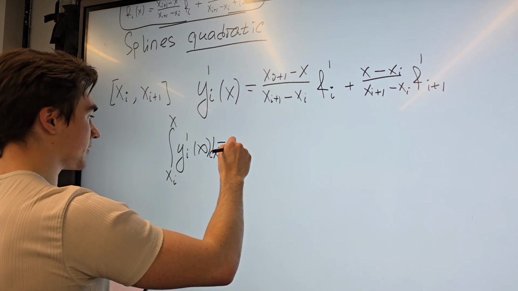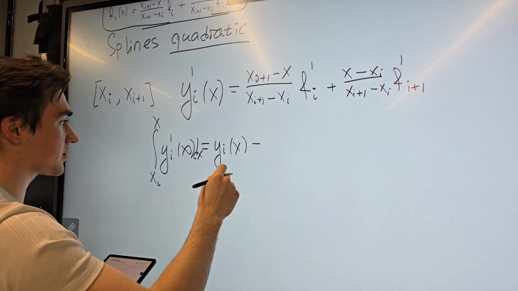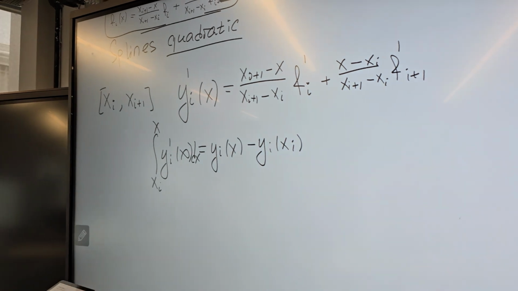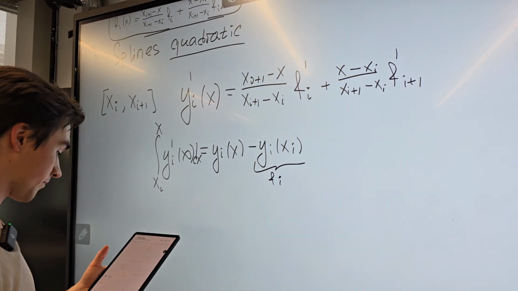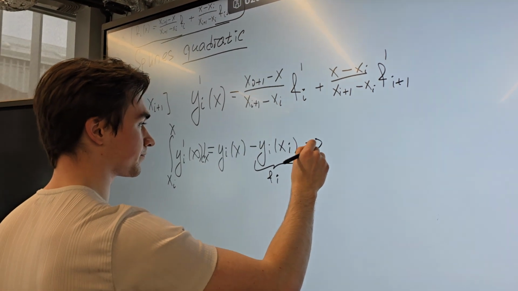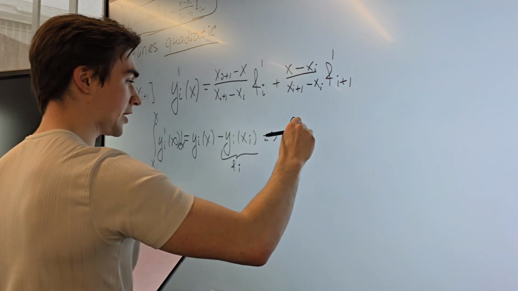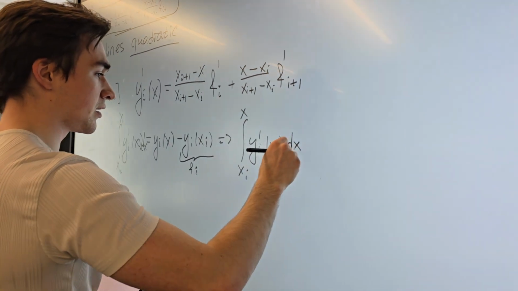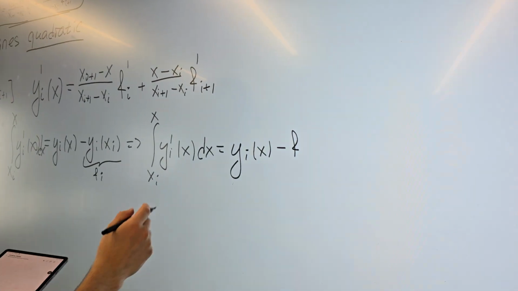What we get is y(x) minus y(x_i), and this value we know, it's just f_i, so we can say that it's equal to our integral of f_i prime of x from x_i to x dx, which is equal to y_i(x) minus f_i.